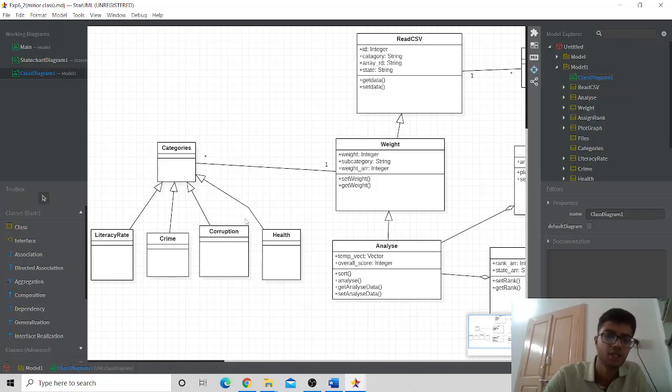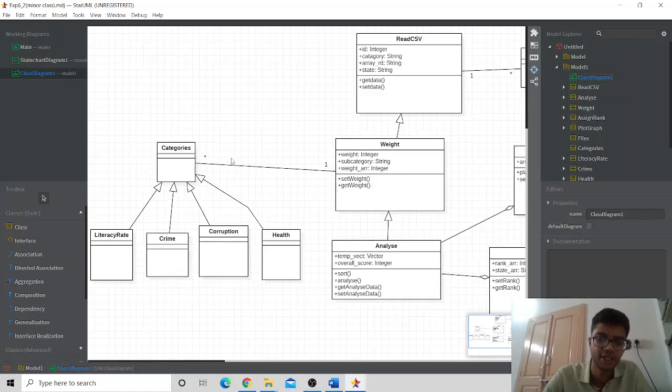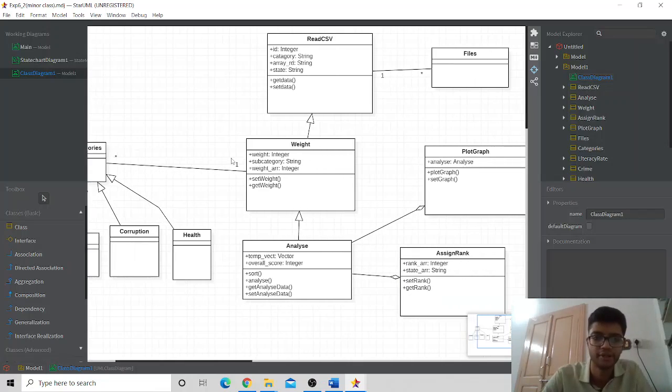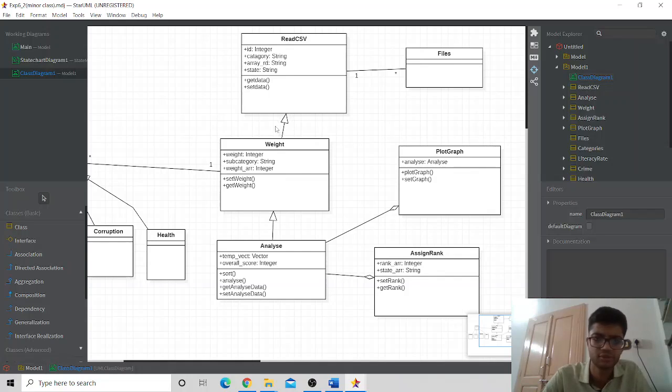These are all connected with the categories class with an is-a relationship, meaning a generalization relationship. And there is also a generalization relationship connected with the CSV. This is a multi-level inheritance we used. And there is one analyze class in which there is a vector which stores the weights and weight data.